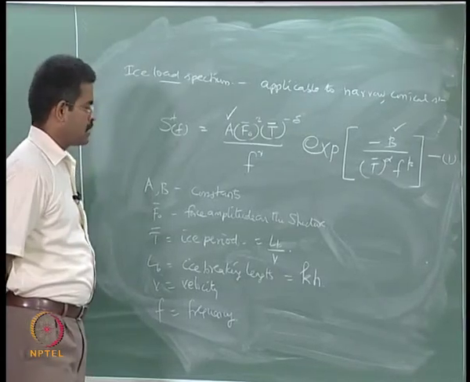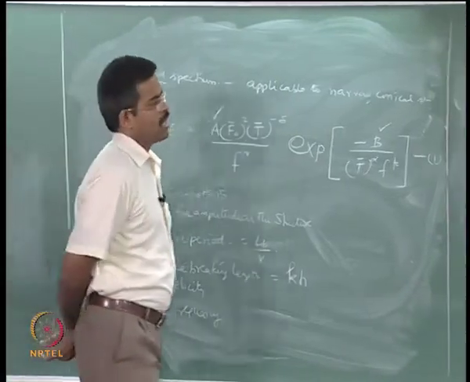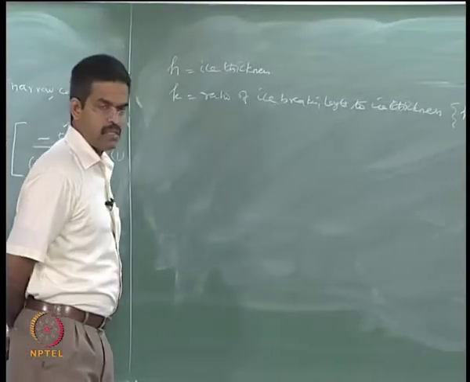So ice breaking length is approximately 4 times the thickness of the ice to 10 times the thickness of the ice.